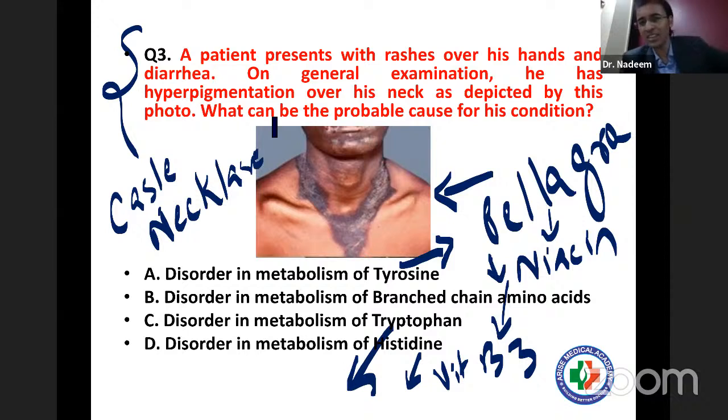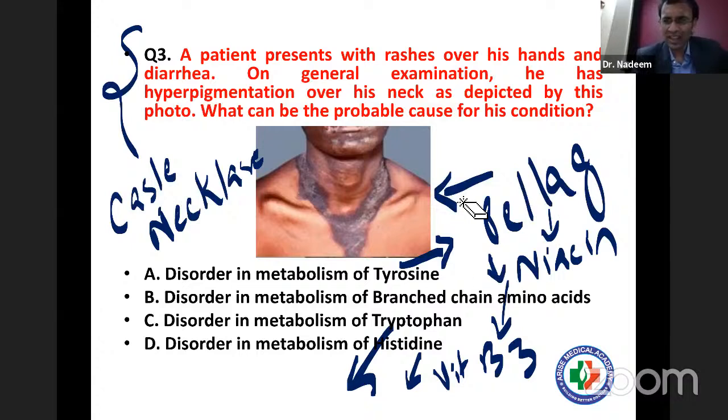See, this is called the Casal necklace appearance. This looks like a necklace, easy to understand. So this is known as the Casal necklace sign or appearance.